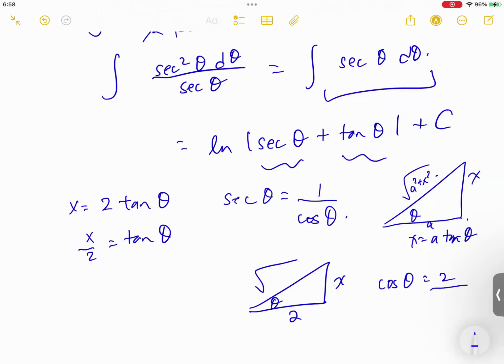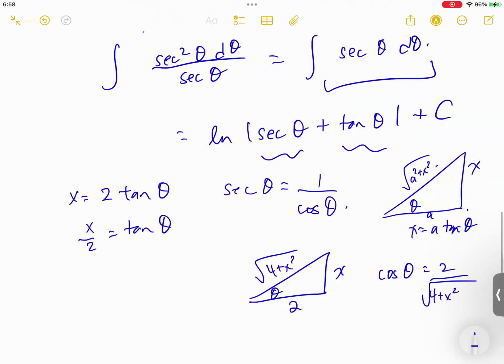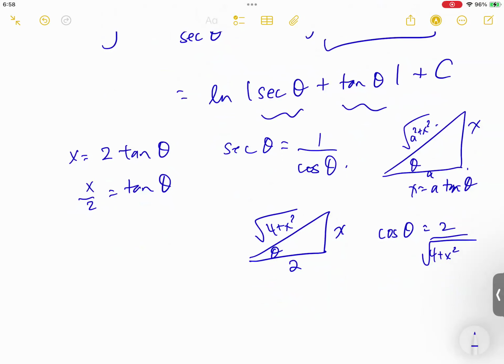In our hypotenuse, we had square root of a squared plus x squared. You can also use the Pythagorean theorem, and you get square root of 2 squared or 4 plus x squared. So this is our cosine theta. They actually want secant theta, which is 1 over cosine theta. So secant theta would be square root of 4 plus x squared over 2.